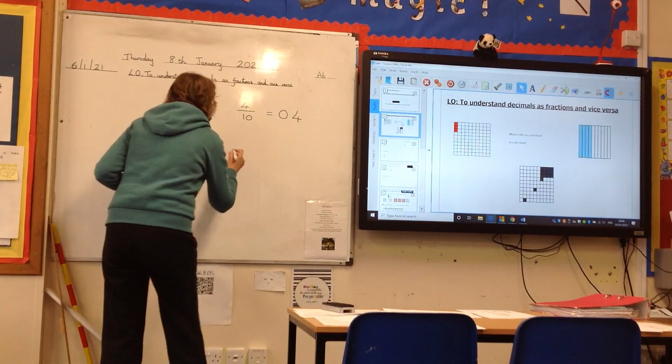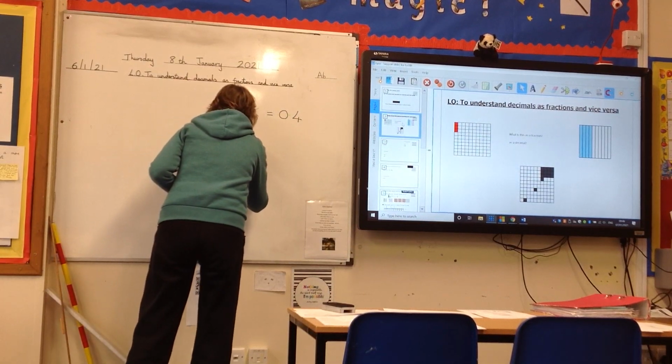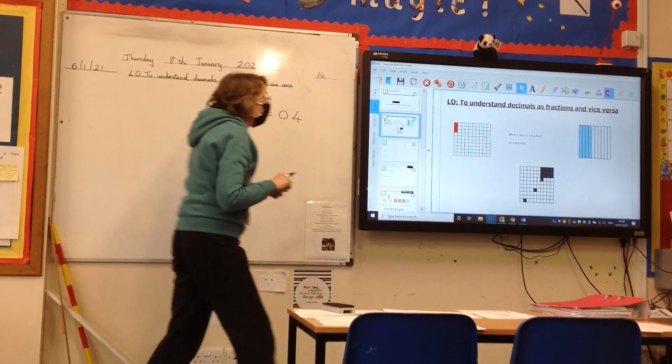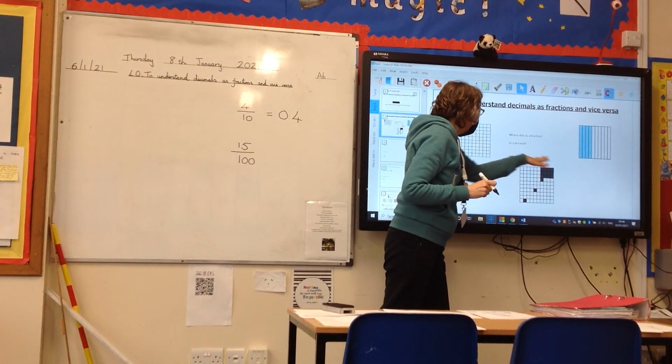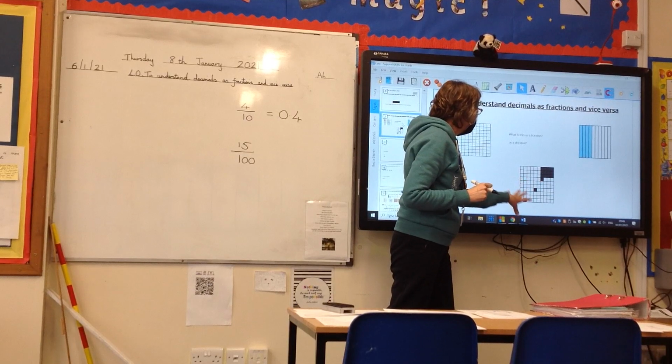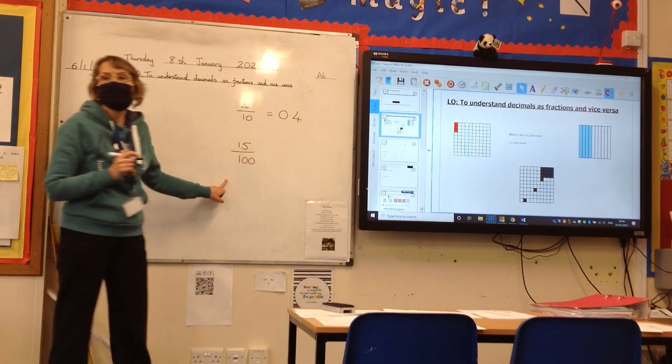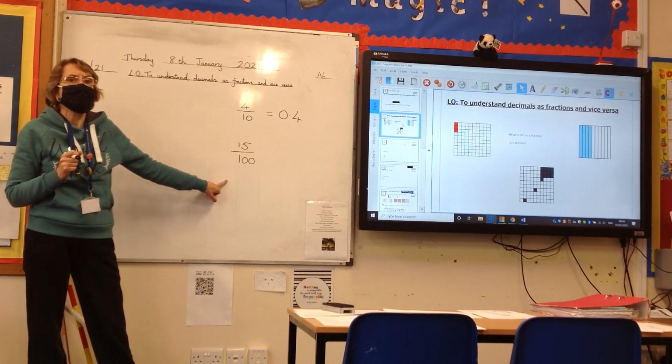Good. So we've got 15 out of 100. 15 of those squares out of the 100 are coloured in. So we've got 15 hundredths. Can everybody write that as a decimal? Good.